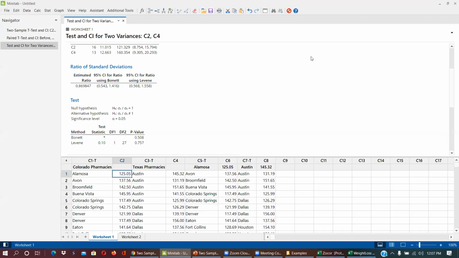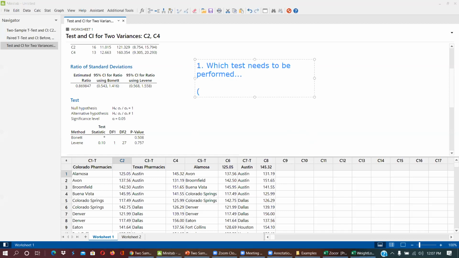Number one step, which test needs to be selected, meaning selecting the right test, for example, either t-test or paired test or proportion test or the variance test, whatever is asked.